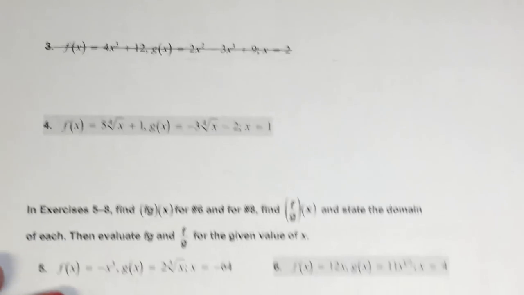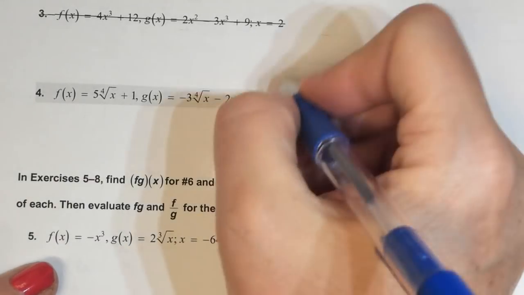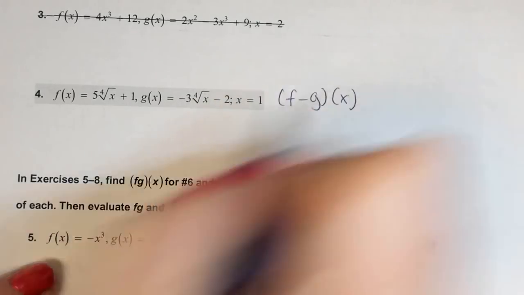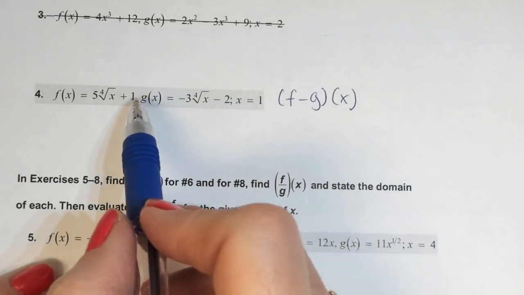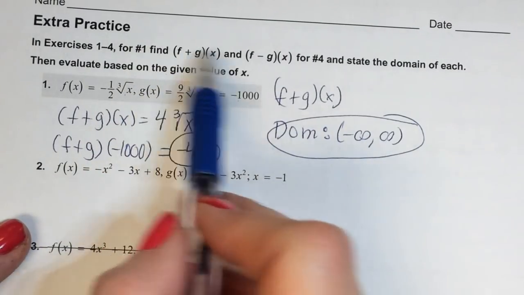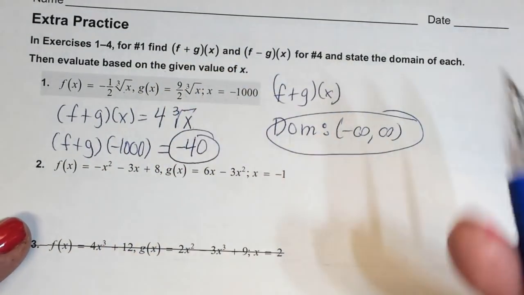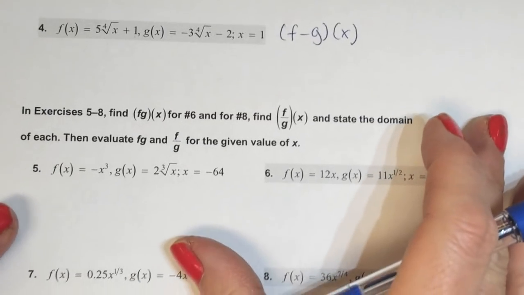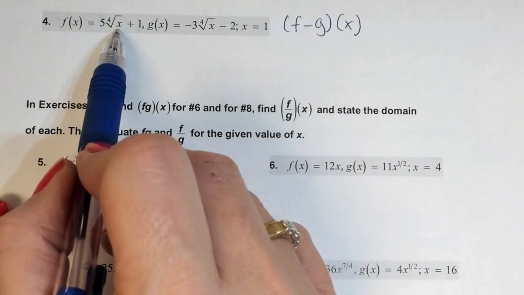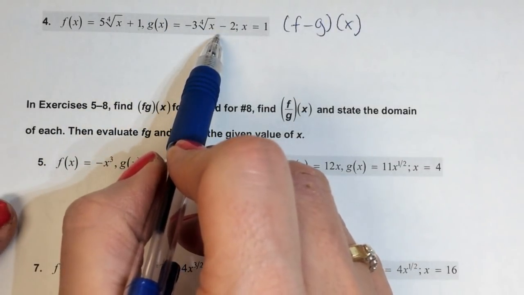All right, we're going to skip down here to number 5. This one we're going to subtract. We're going to do f minus g of x. It told us to do everything for all of them, but I'm just not going to do that. It's too much. So we're subtracting, so we're going to do this function minus this function.